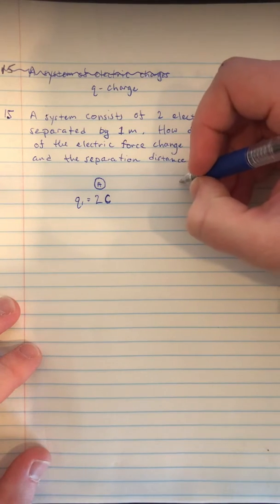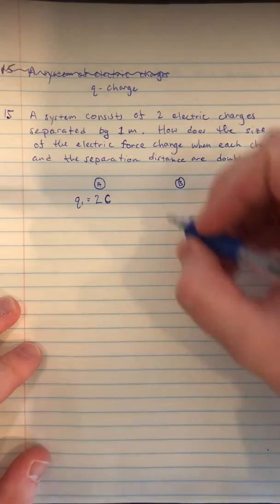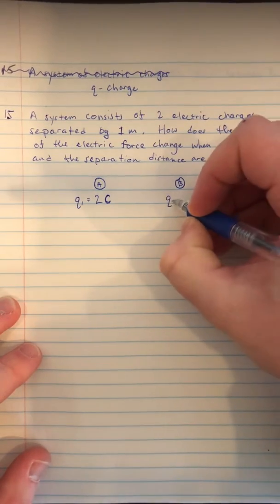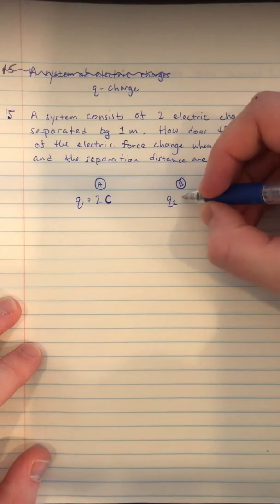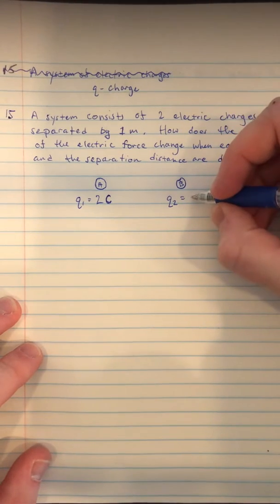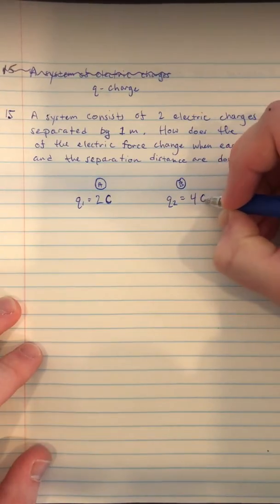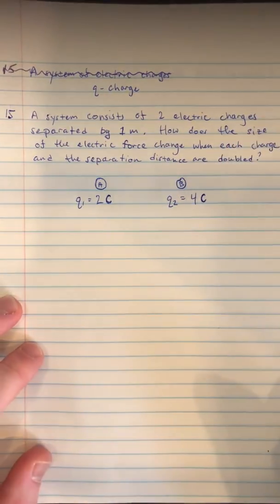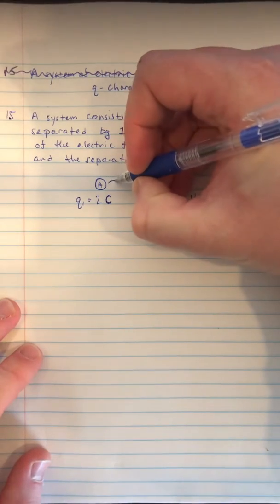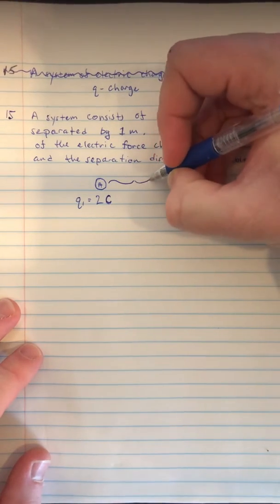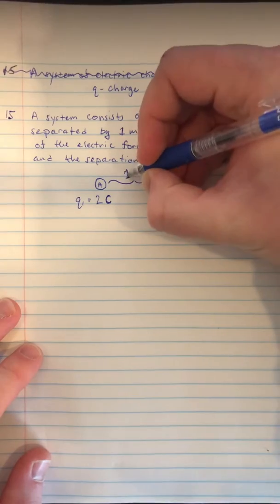And then we have a charge B over here. We'll call that Q2. Again, Q is charge, and maybe Q2 has a charge of 4 coulombs. All right, so Q1 and Q2, and their separation distance, how far apart they are, it says in the problem, they are 1 meter apart.